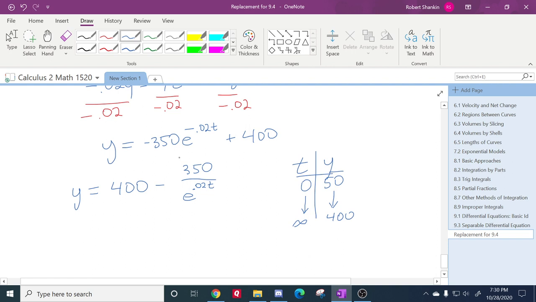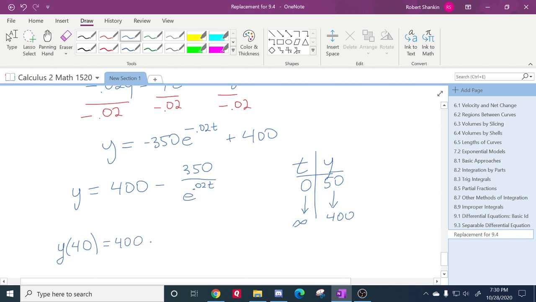And once we have this, we've solved the bigger problem. What is the amount of salt at all times? It's right here. Now we can answer how much salt at 40 minutes.